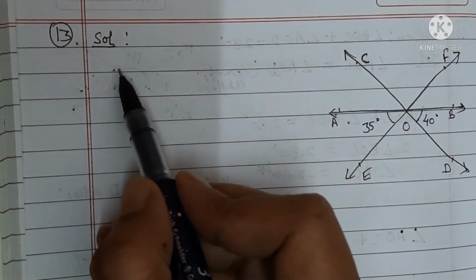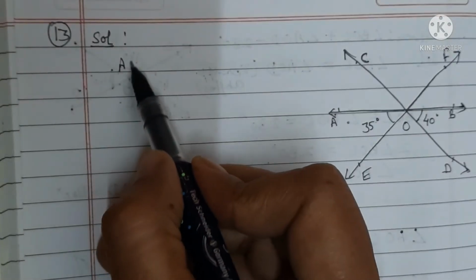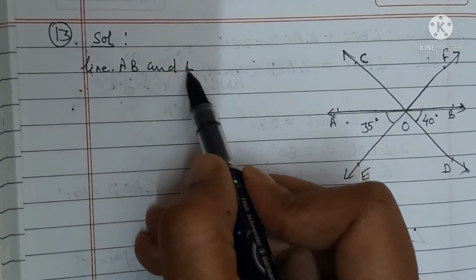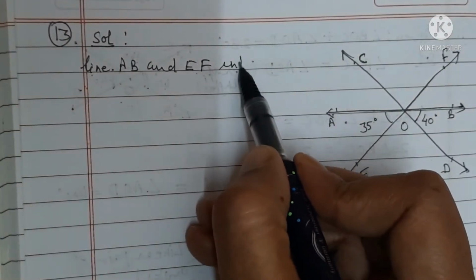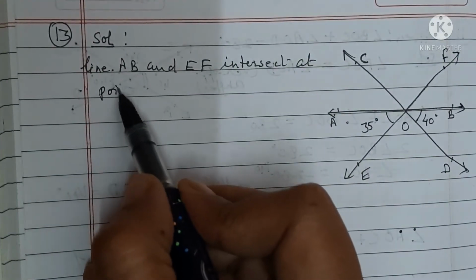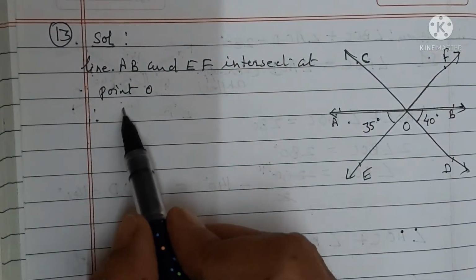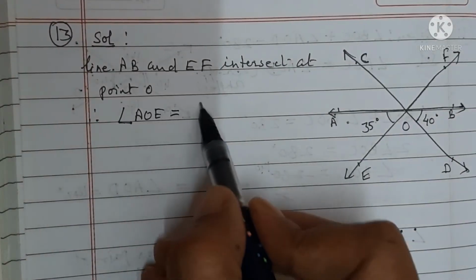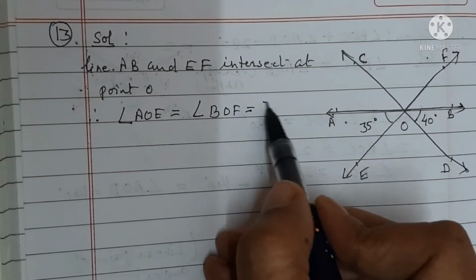Okay, so right here AB and EF intersect at point O. Therefore, angle AOE is equal to angle BOF is equal to 35 degree.